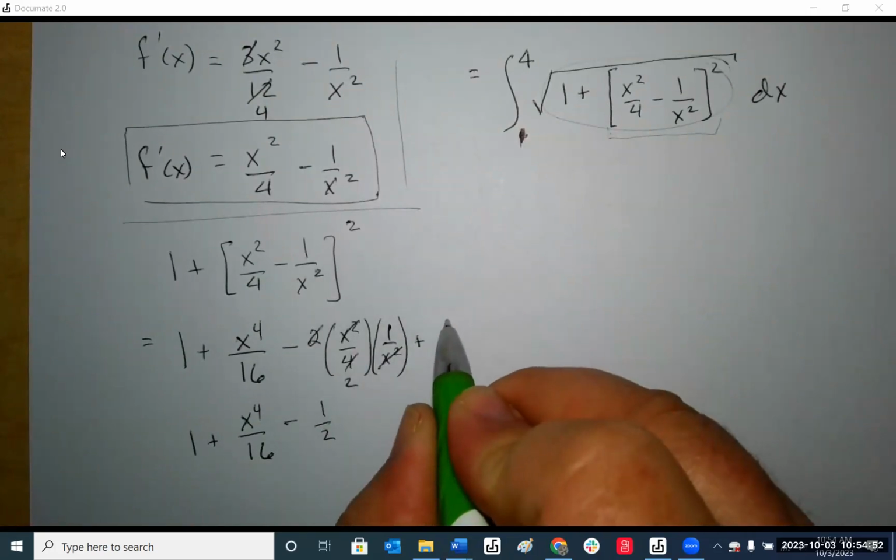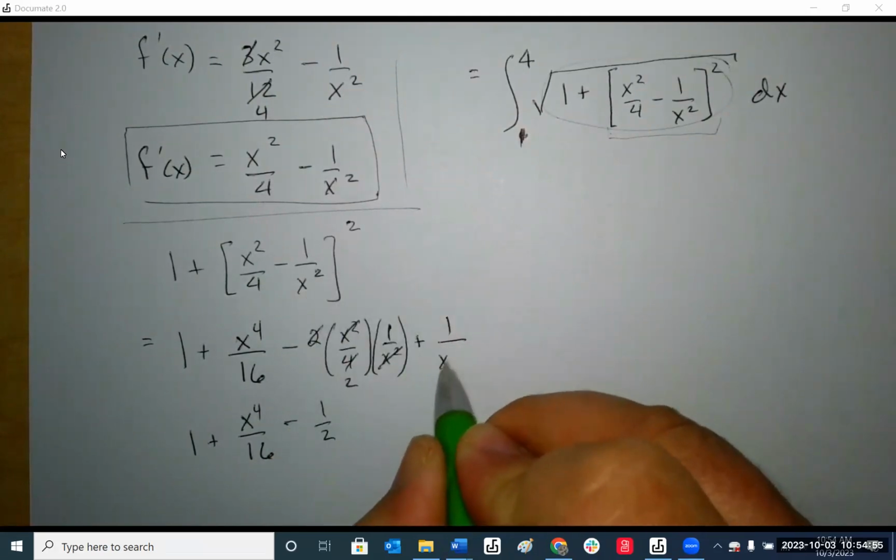And then plus 1 over x squared times 1 over x squared is 1 over x to the 4th.